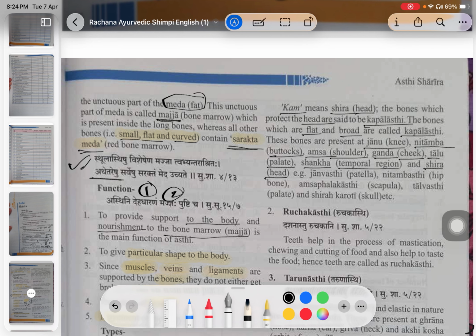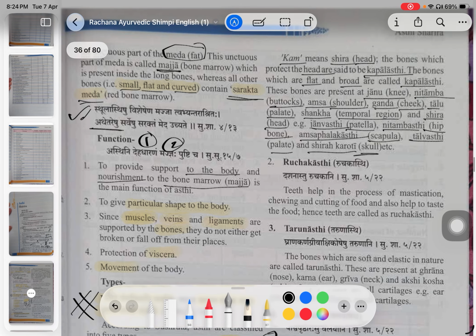Shir, head, other bones. Janvasthi is patella, Nitambasthi hip bone, Ansphalak scapula, Taluasthi palate, the hard palate, the soft palate, Shira karoti skull. All right.